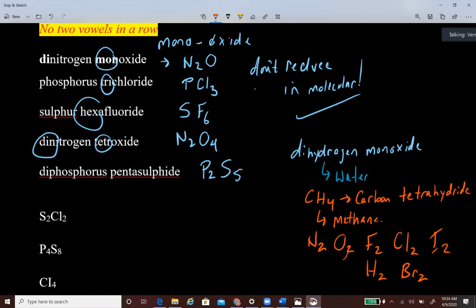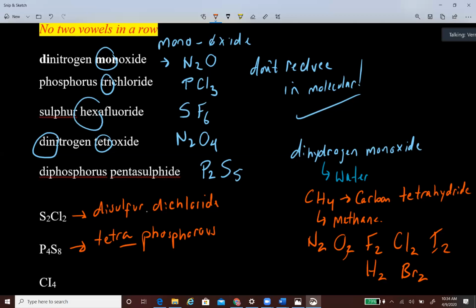Now, in the reverse manner, we can go from the formula to the name. So this would be disulfur dichloride. Again, you change the last one. This will be tetra. We don't drop the a because phosphorus starts with a consonant, not a vowel. Diphosphorus octasulfide.